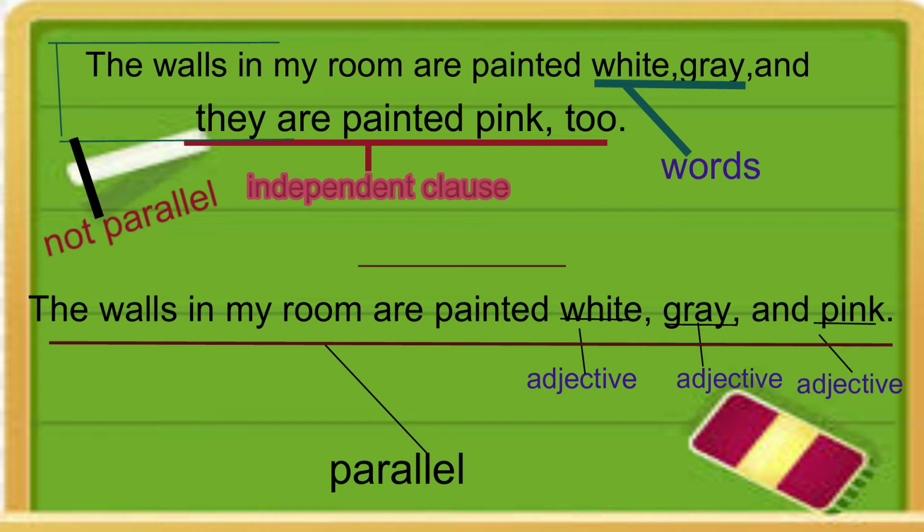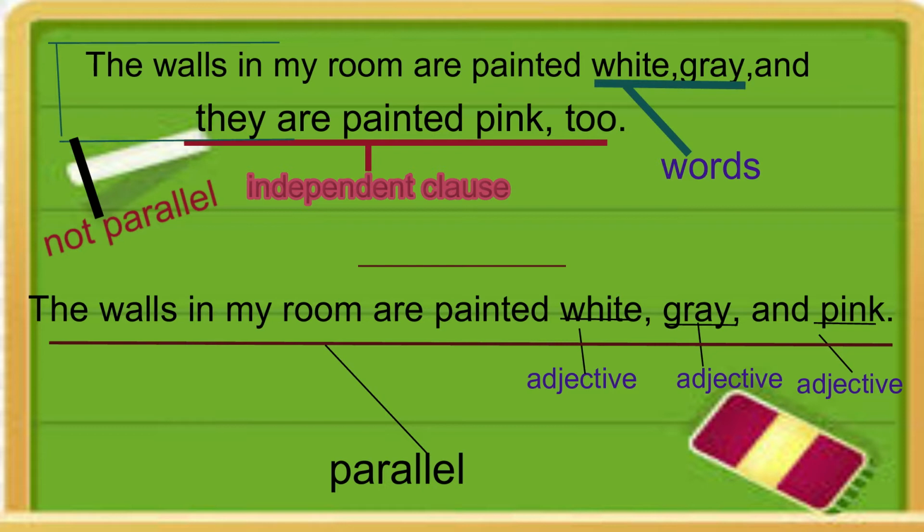At the end of the single words, the addition is they are painted pink too. This is an independent clause. It can stand alone. So in order to make this sentence the same in pattern, we make this sentence grammatically correct.